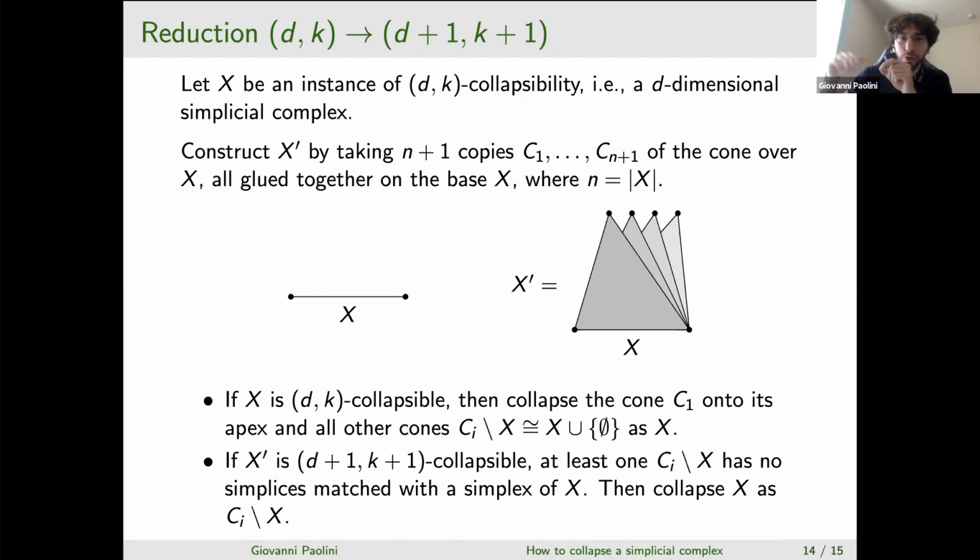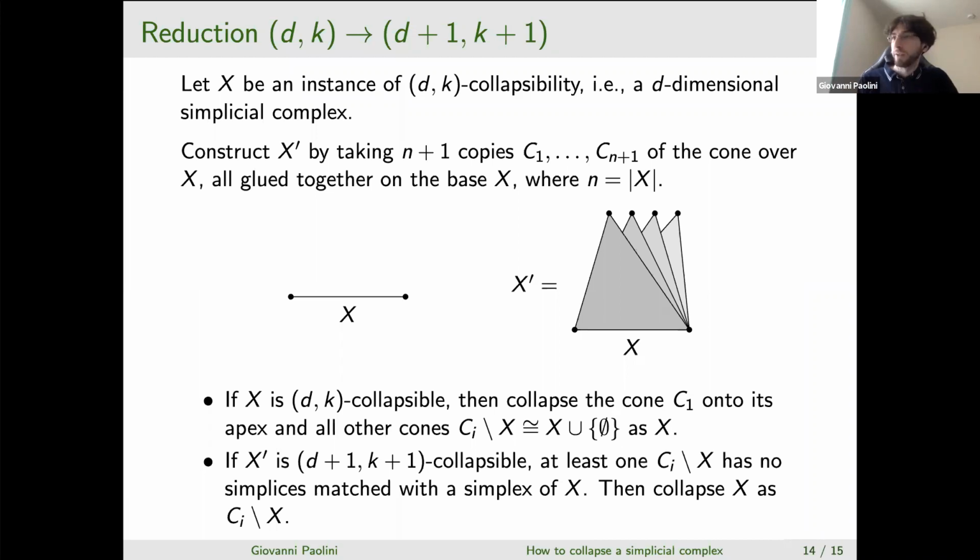Then we have all remaining cones without the base, and these are, up to an empty simplex, isomorphic copies of our initial complex X with a one shift in dimension. So we can just copy over our collapsing sequence for X onto each cone without the base. And due to the one shift in dimension, this gives a way to collapse X prime onto a k+1 dimensional subcomplex.